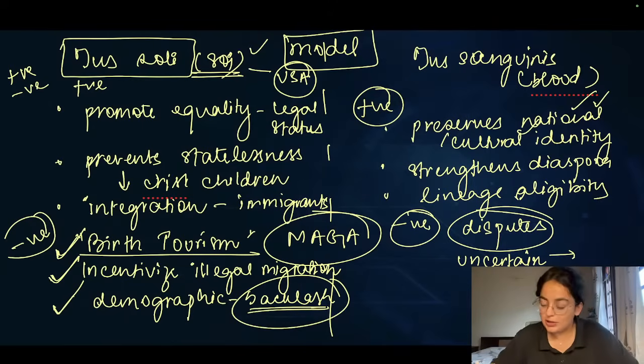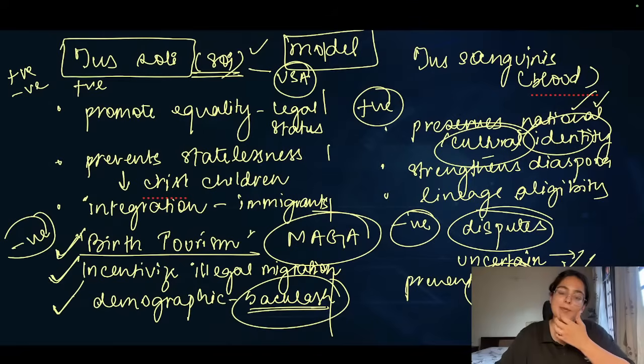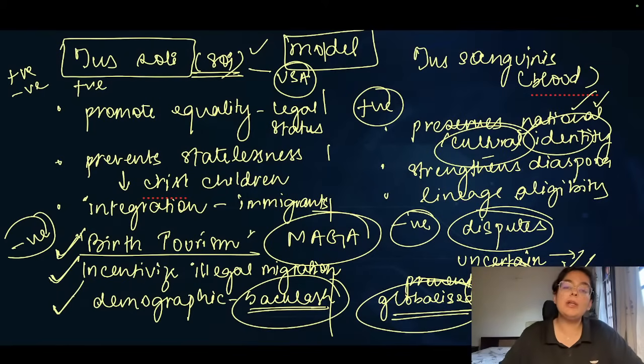So it can increase the risk of statelessness, it can lead to uncertainty, and it can prevent social integration. That means you're only prioritizing your own nationality and culture. You're not allowing for integration in a globalized world. So it is against a global order or global citizenship related aspects.